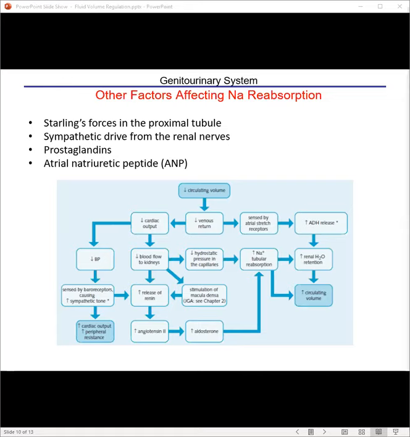So the main functions of each are different. For example, your PGE2 and your PGI2 or prostacyclin are actually vasodilators. So the effect of your prostaglandins is to prevent excessive vasoconstriction. So they also protect the kidney tissue from excessive vasoconstriction as a result of the decrease in circulating volume.